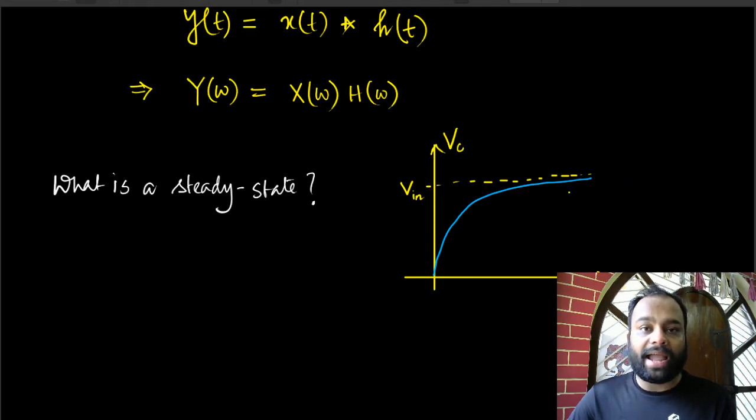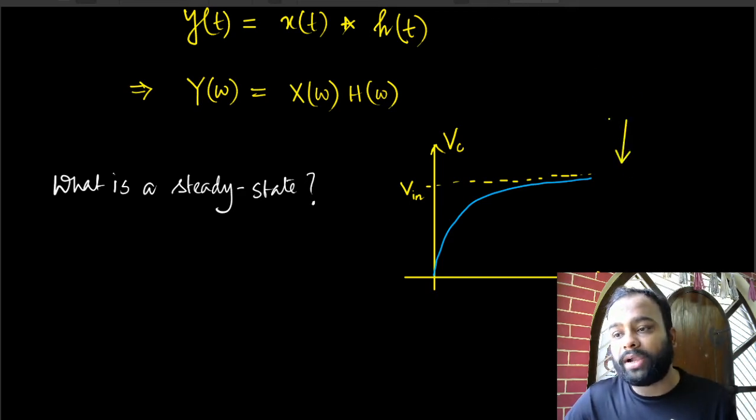After I have applied the input voltage for a very long time, the voltage across the capacitor becomes fixed. This is called a steady state. The point reached here after a very long time is called the steady state.